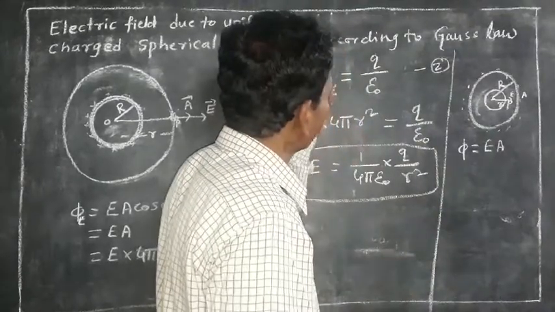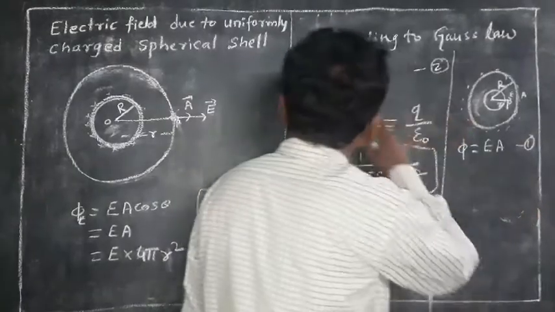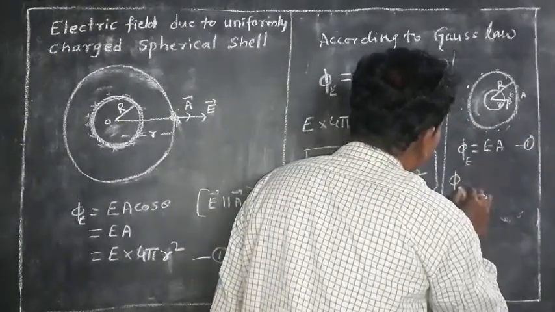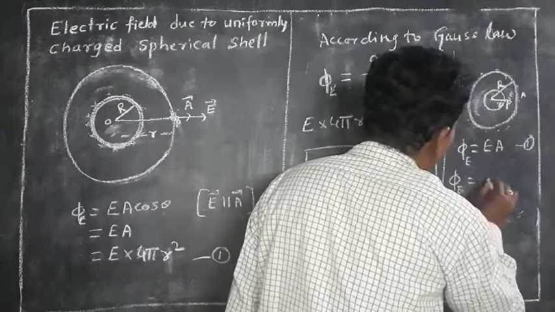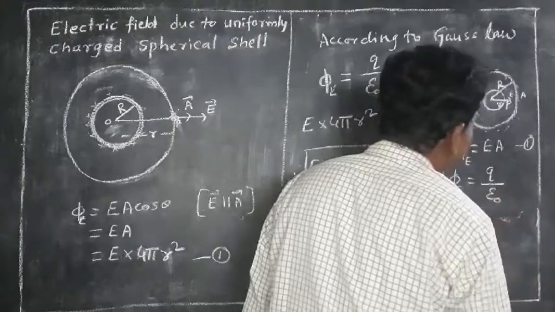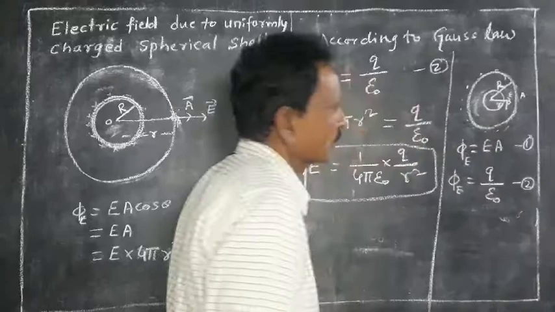And according to Gauss law, electric flux is equal to Q upon epsilon naught.